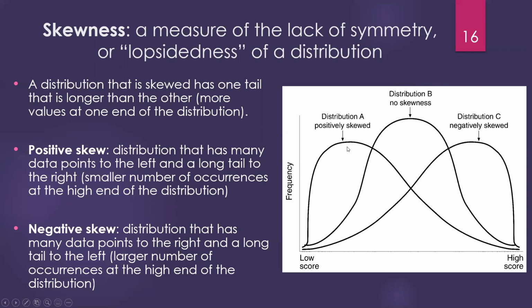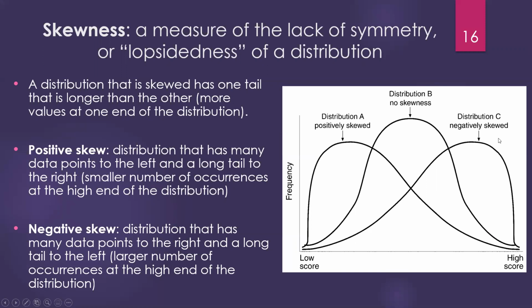So anytime there's a distribution that has more data points, that the frequencies are greater to the left at the lower values, and then a long tail to the right, fewer people at the high scores, that's called a positive skew. So a positive skew is when there's more low values and only a few high values.